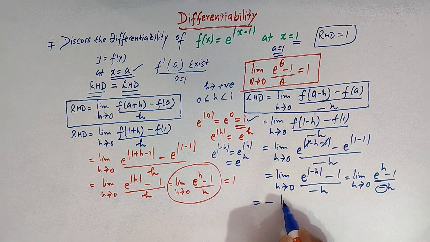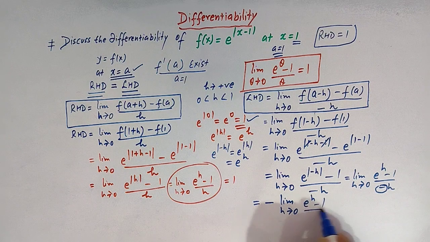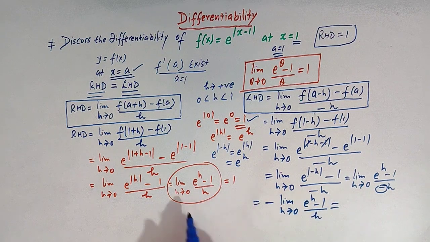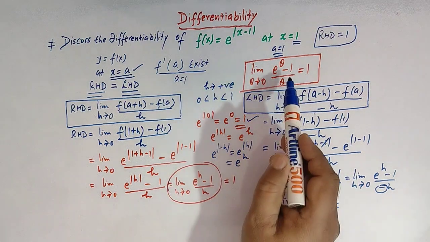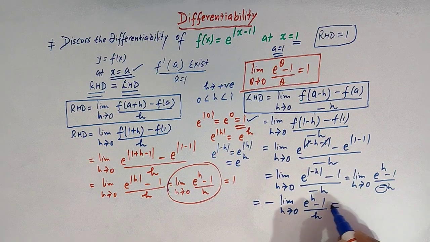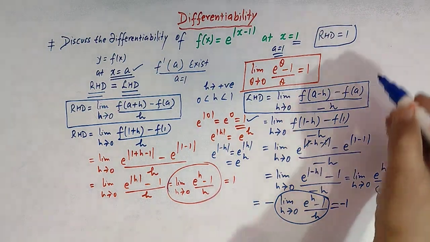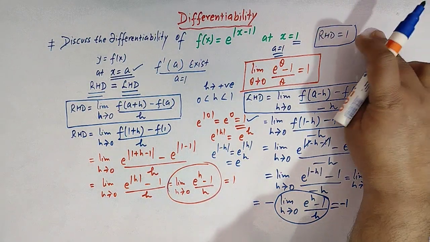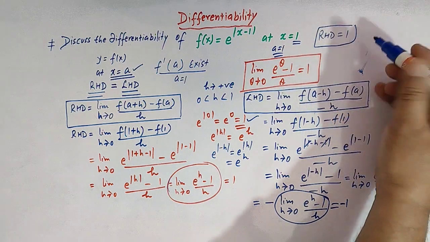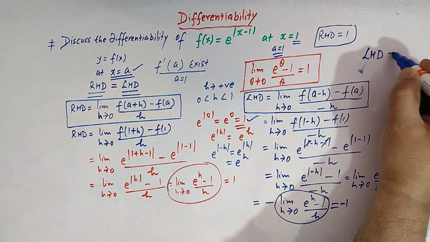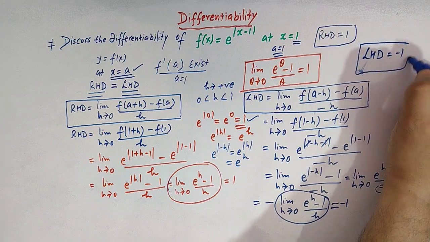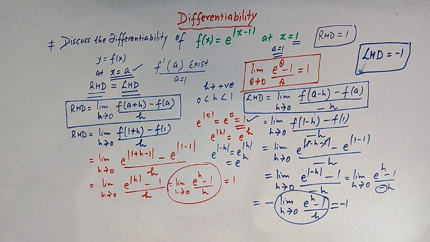So we have minus the limit as h tends to 0 of e raised to h minus 1 over h, and again due to the earlier result this limit is equal to 1. With the negative sign, we have seen that the left hand derivative is equal to negative 1.